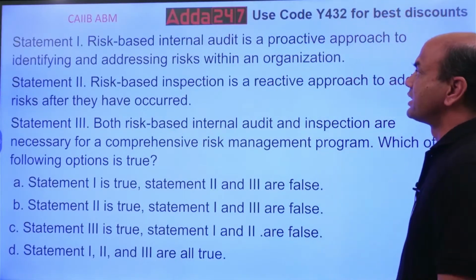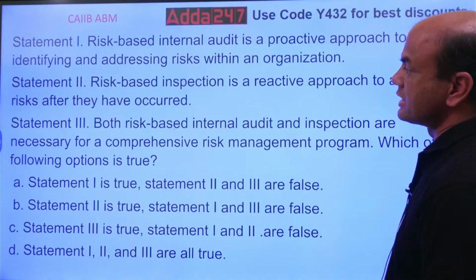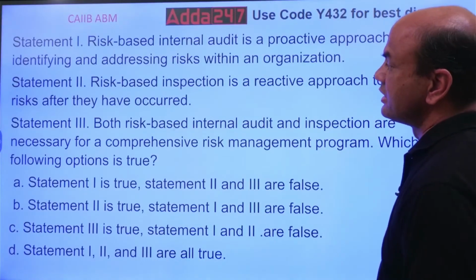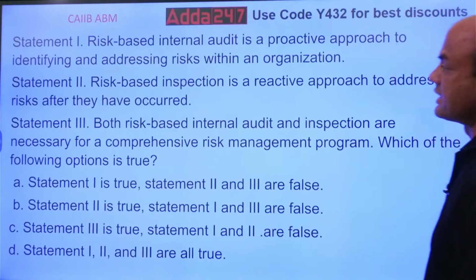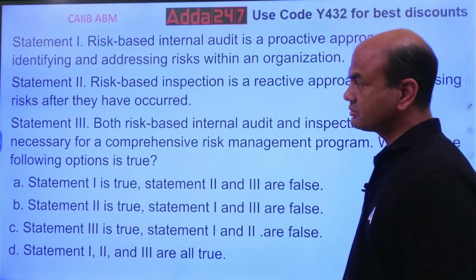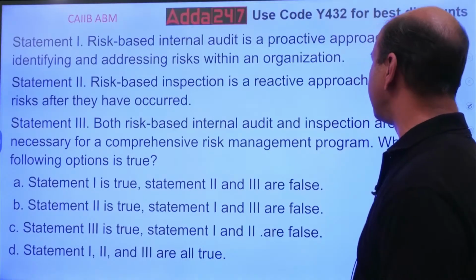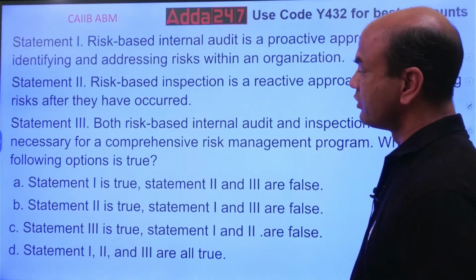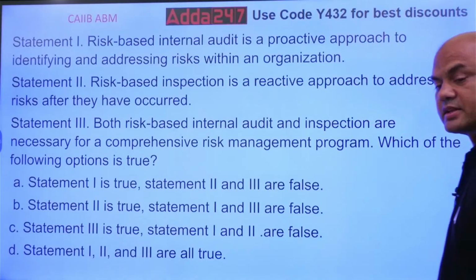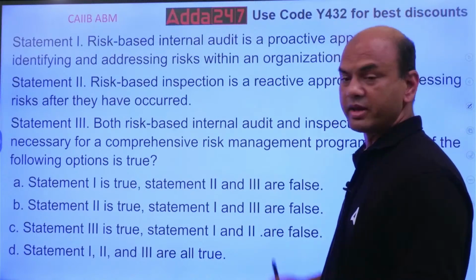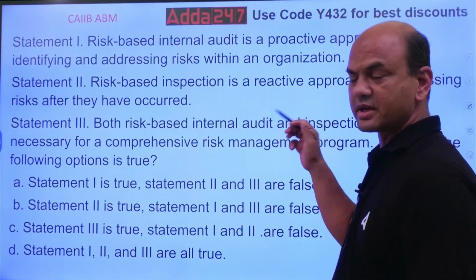Second, risk-based inspection is a reactive approach to addressing risks after they have occurred. Statement 3: both risk-based internal audit and inspection are necessary for a comprehensive risk management program. Now these are the 3 statements, very big ones, but logically you can definitely see which of them is correct.